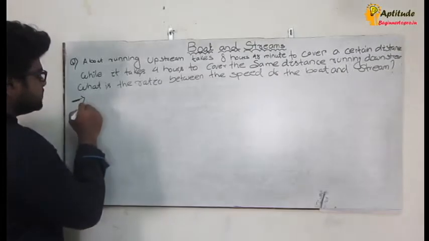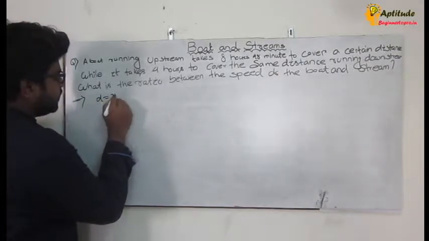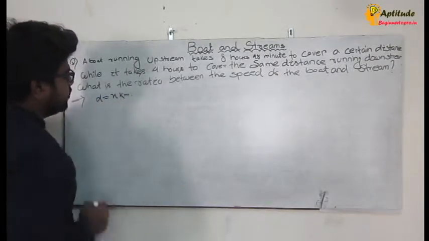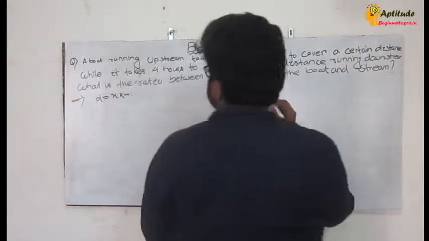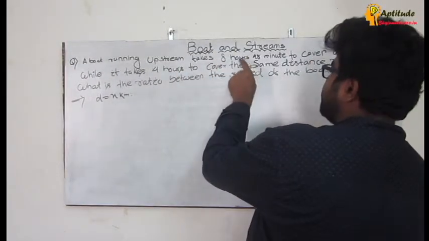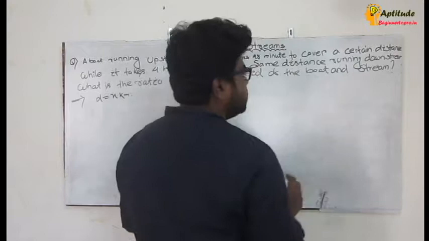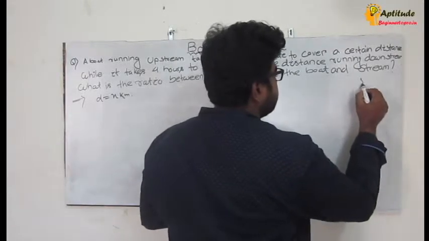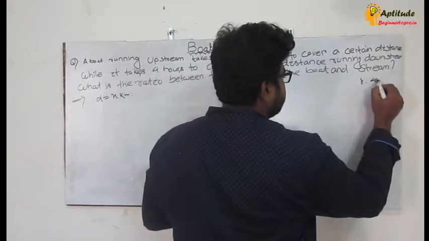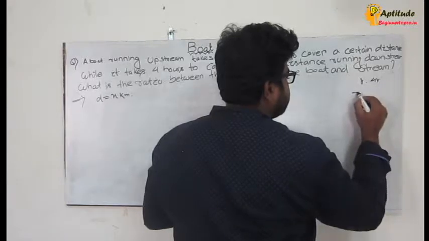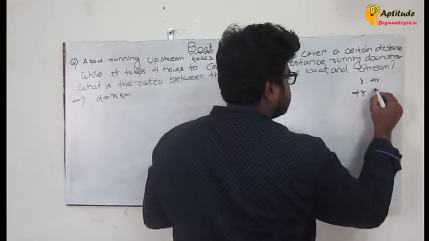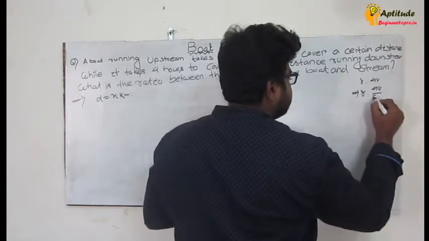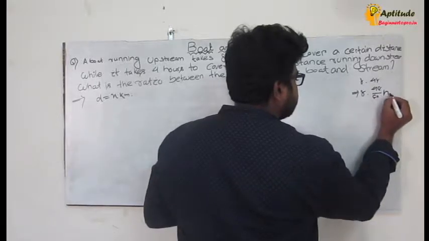Let the distance be x kilometers. The upstream takes 8 hours 48 minutes to cover the certain distance. So 8 hours 48 minutes can be written as 8 and 48 by 60 hours.